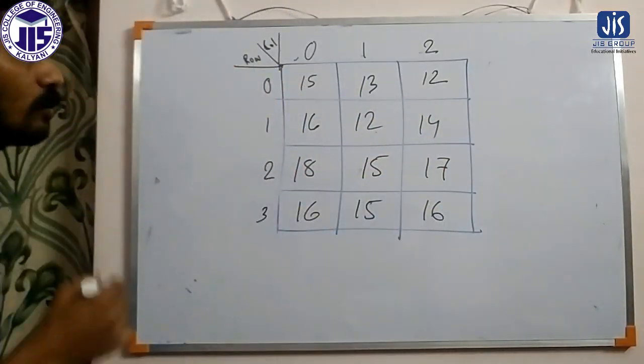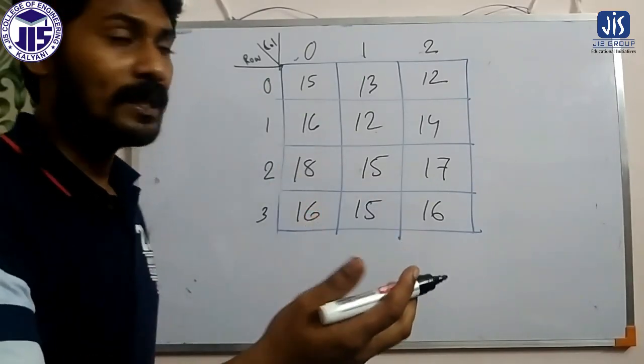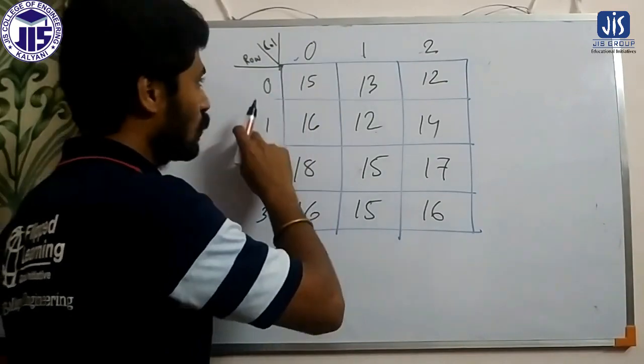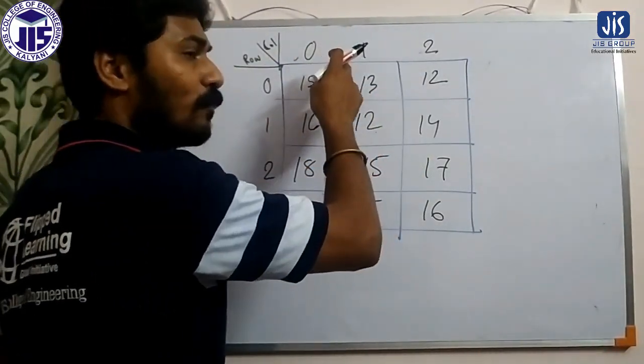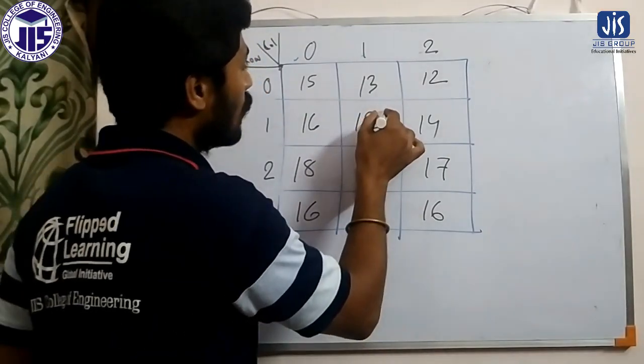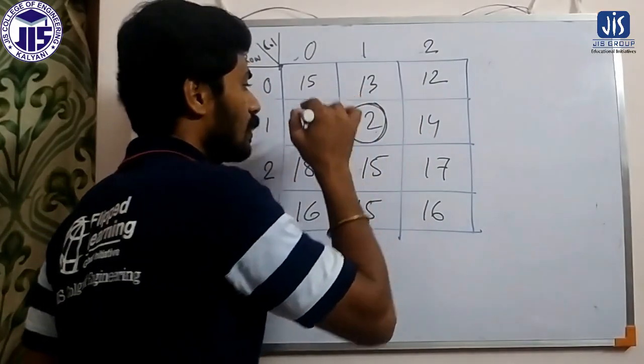So how will the elements be marked? The elements will be marked by row and column, that is student 1 marks 1, student 1 marks 2, student 1 marks 3. In that way, row and column we have to find out. So if I ask how will you find this element, 12?